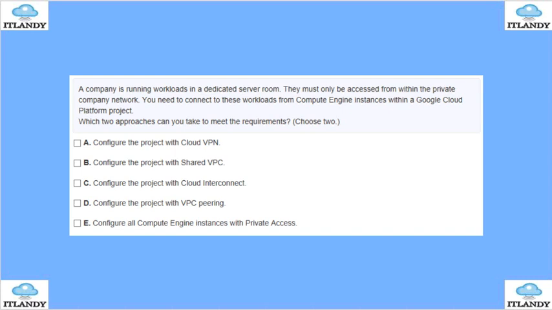Configure the project with a Cloud VPN, shared VPC, interconnect, VPC peering, or configure all the Compute Engine instances with private access. So the answer is D and E. We need peering between the workloads, and we need to configure Compute Engine with private access to prevent external access.